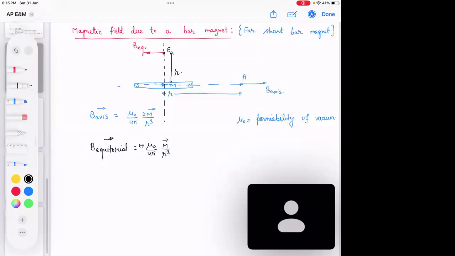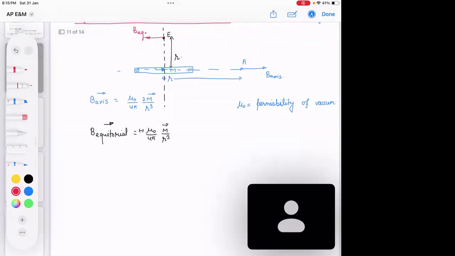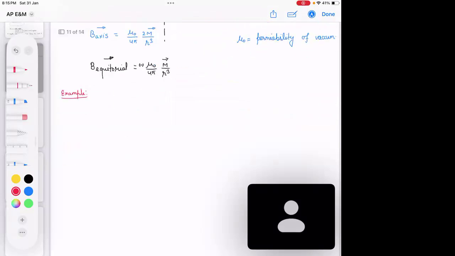Let's take an example and try to understand how we calculate the magnetic field at a different point. Let's say in the question, this is the coordinate axis, the x axis and the y axis given to us.